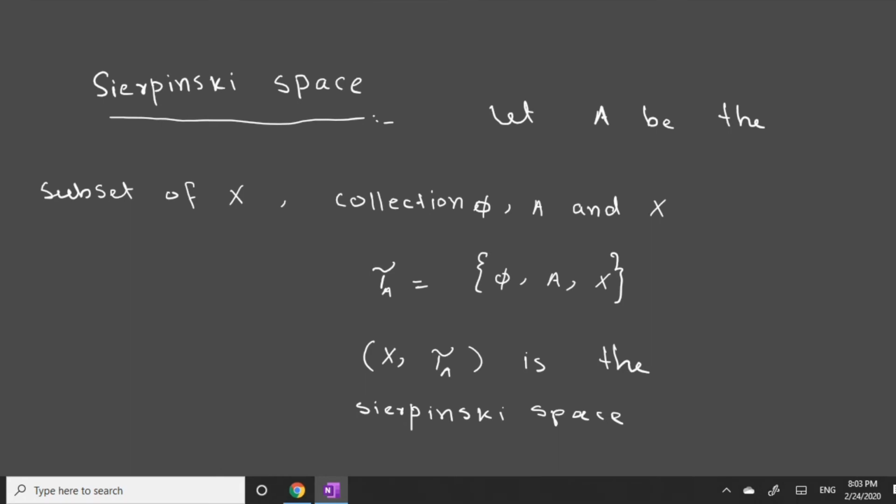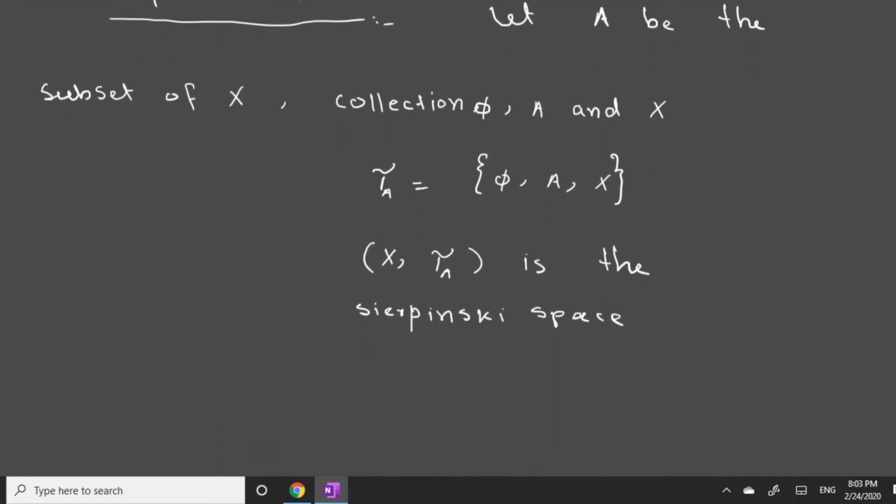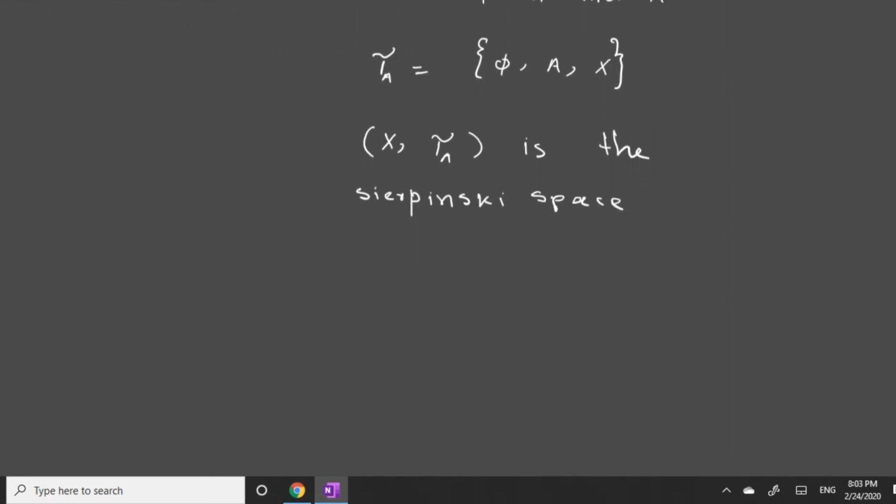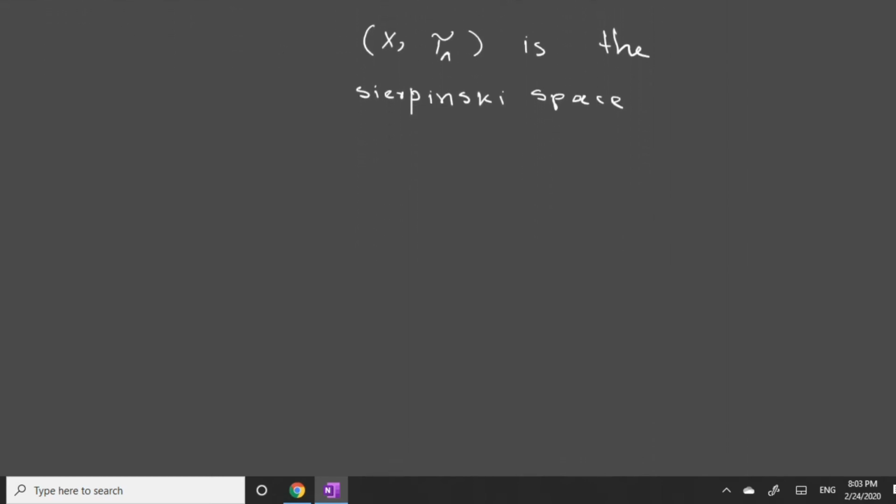Let me take another example to understand the Sierpinski space. Remember that in the Sierpinski space we take a non-empty subset.